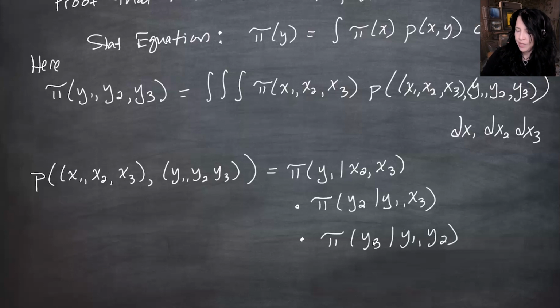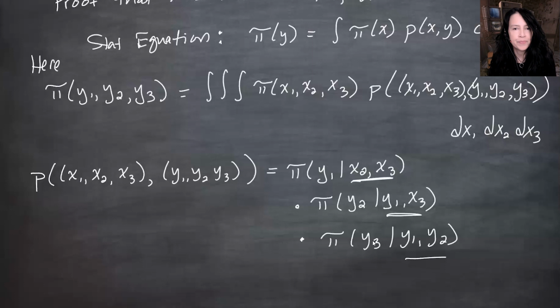So you see I'm updating. Here I'm given only x's. Here I have one of the y's that's already been updated. Here I have both of the y's updated. This is what the transition probability, quote unquote, it's a density, is like for the Gibbs sampler.